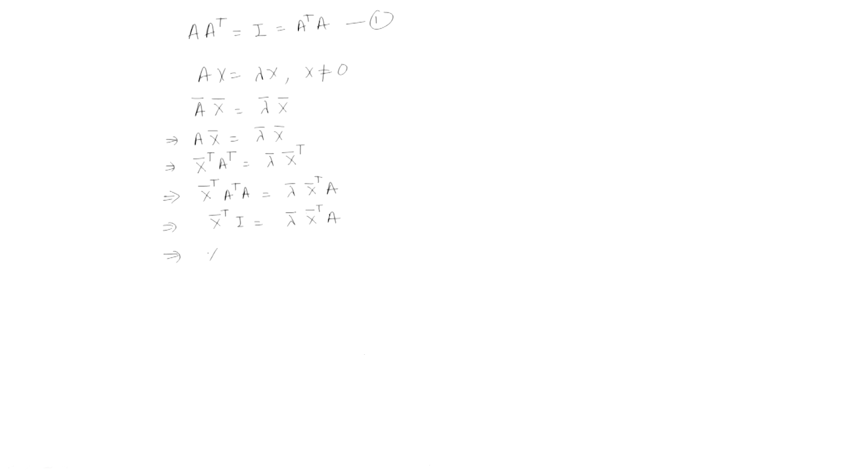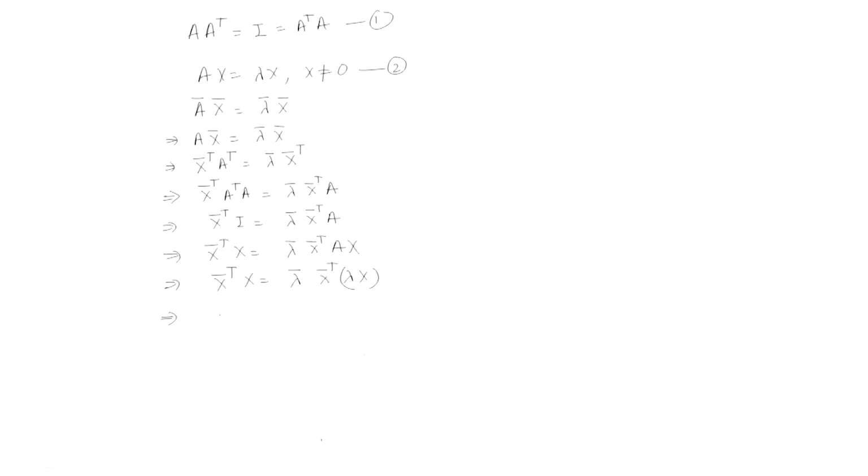So x bar transpose x is equal to lambda bar x bar transpose Ax, and Ax is nothing but lambda x from 2. So x bar transpose x is equal to lambda bar x bar transpose lambda x.